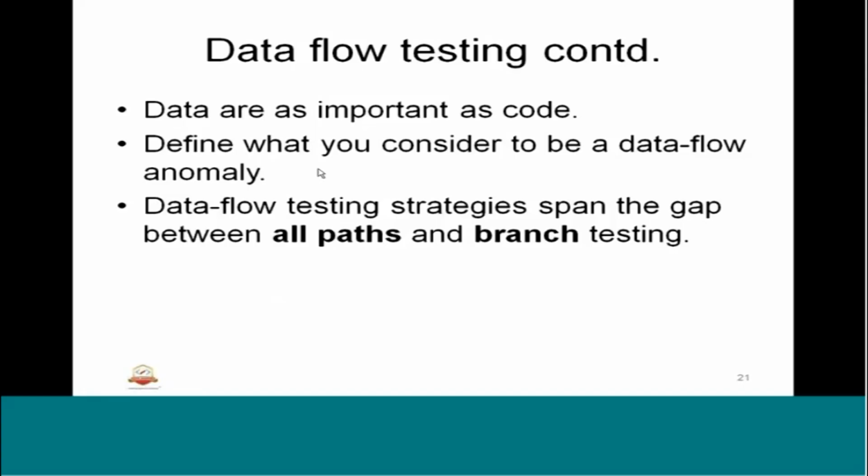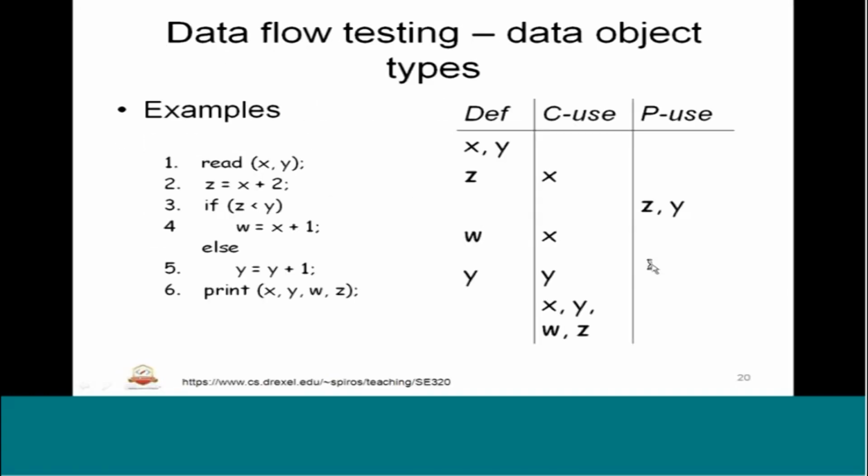So data flow testing strategies span the gap between all-paths and branch testing. It is not enough to just have branch testing by supplying Z and Y values and making sure that the path 1, 2, 3, 4, 6 is done.